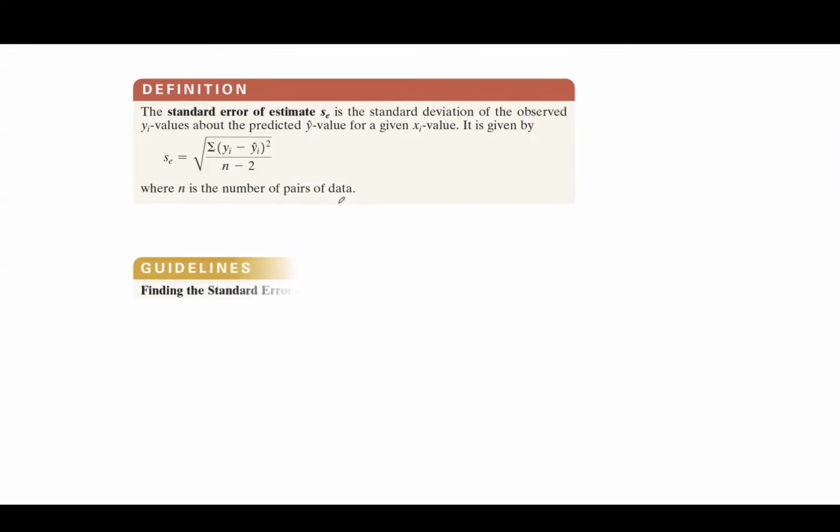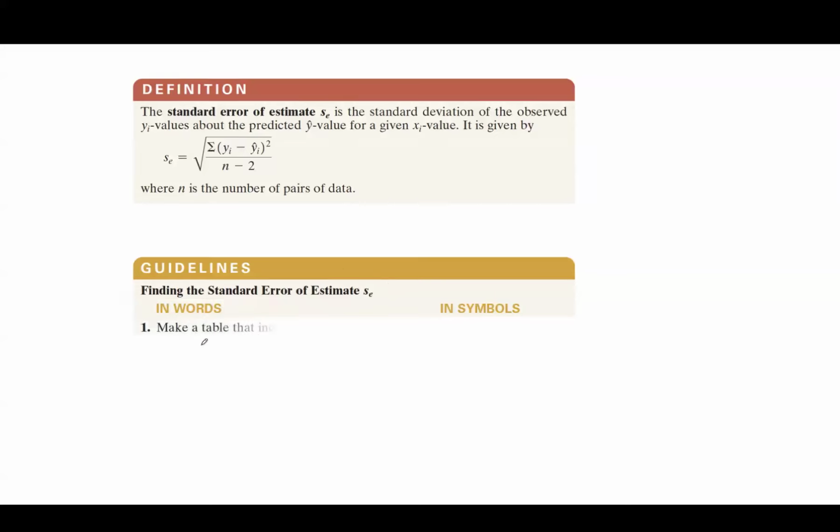We have some guidelines in finding the standard error of estimate, which is the standard deviation of the observed yi values about the predicted y hat value. And we denote this by S sub e. First of all, make a table that includes the 5 columns: xi, yi, yi hat, and yi minus yi hat.